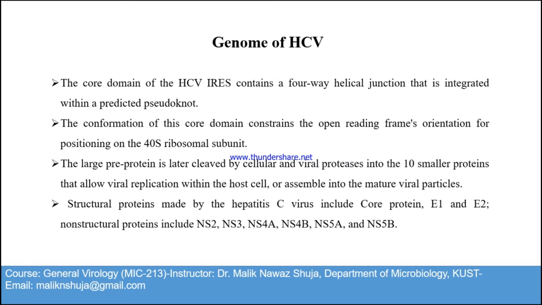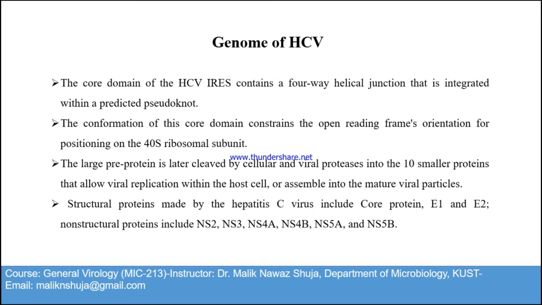There are around 10 proteins encoded, some for the structural proteins, and the rest are all non-structural proteins. The polyprotein is later cleaved by cellular and viral proteases into 10 smaller proteins that allow viral replication within the host cells and assembly into mature viral particles.